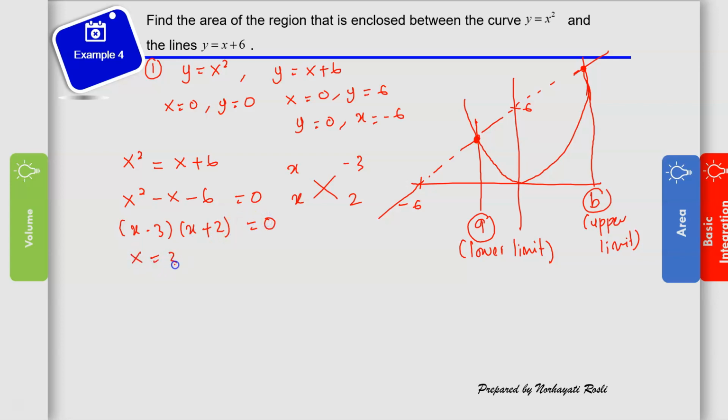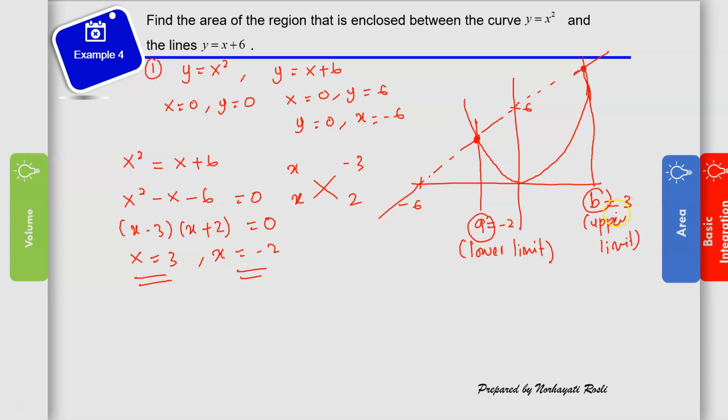So x equal to 3 and the other x equal to negative 2. These two x values are A and B. Because A is the lower value, A equal to negative 2 and B equal to 3.